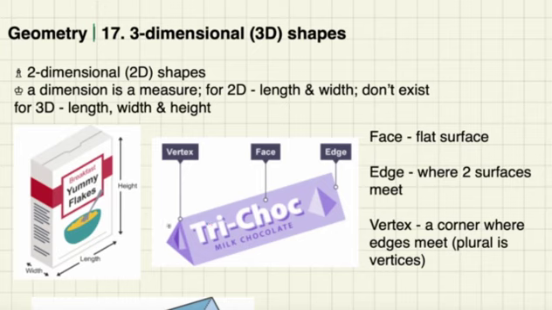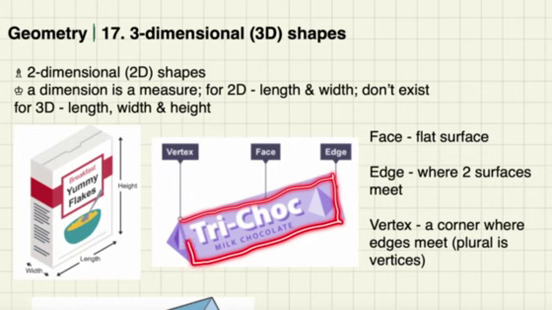How about this sort of triangular shape? So the different parts of a three-dimensional shape are given different names, different terms. If we just looked at one part of it, say that bit there, this would be the face. So it would be some sort of surface, a flat surface in this case.